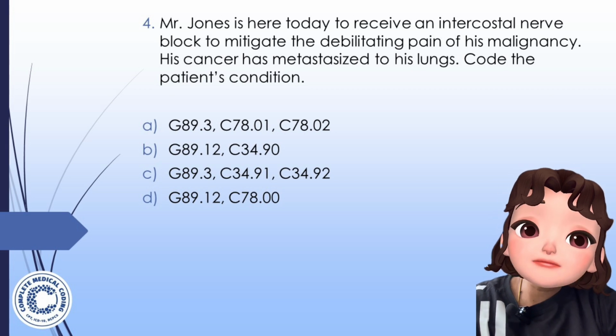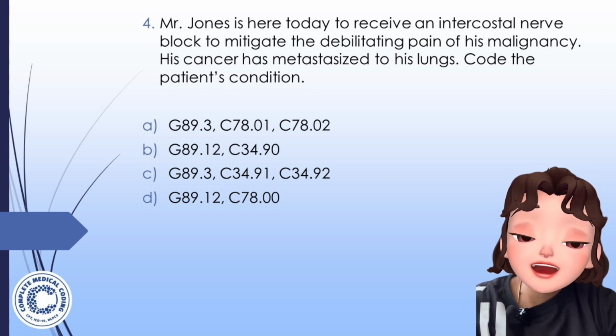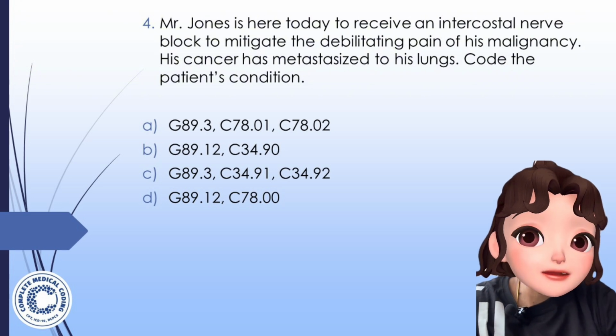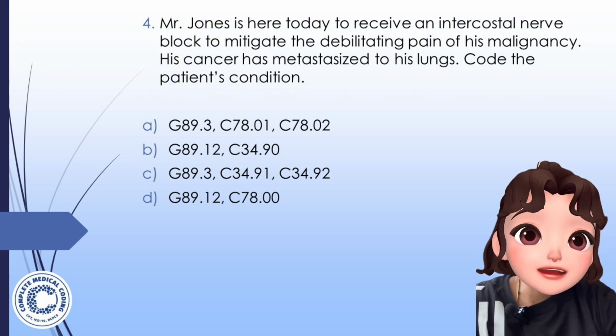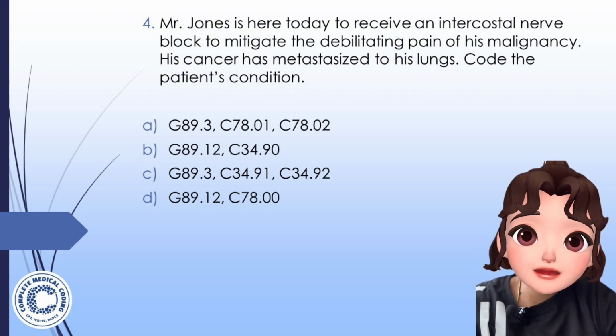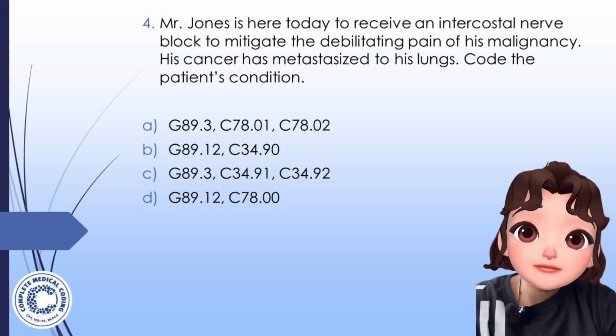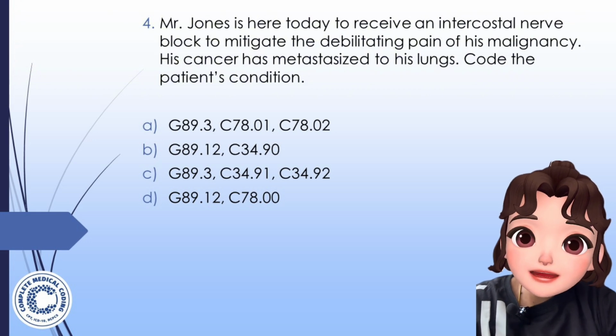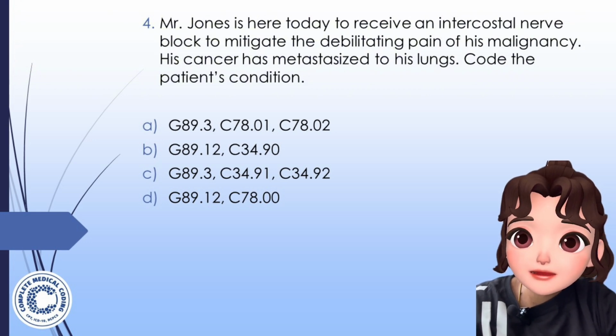The patient's cancer has been metastasized, means spread to the lungs. It means this lung cancer is a secondary cancer. That's why in our diagnosis it should be secondary malignant. It should be secondary neoplasm.